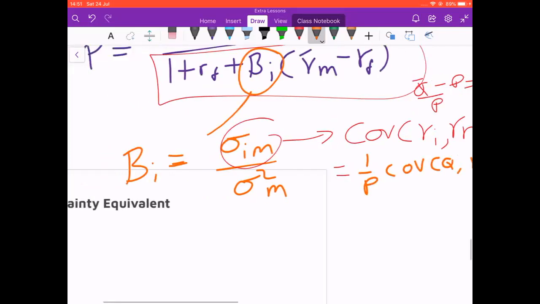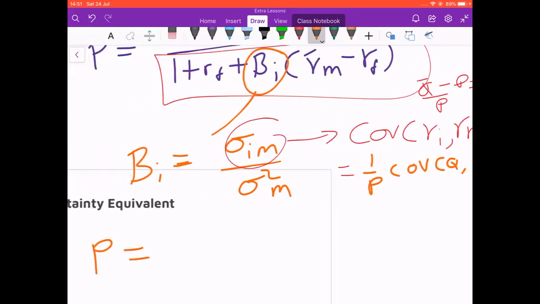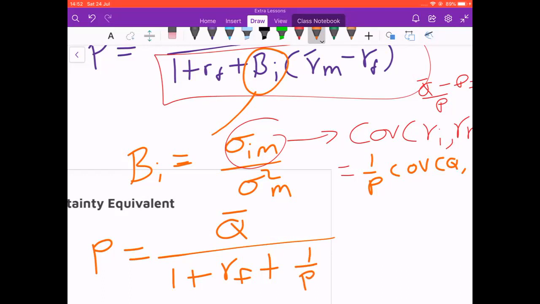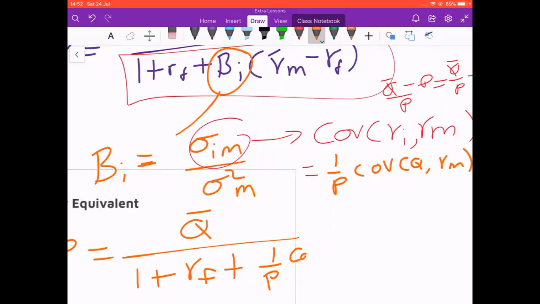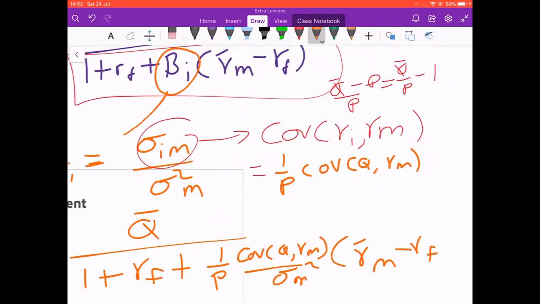And then you can take this thing back to the equation. So you know that P is gonna be equal to the expected Q over 1 plus RF, where beta is gonna be 1 over P times the covariance of Q and RM over the market variance, times the return of the market minus the risk-free rate.